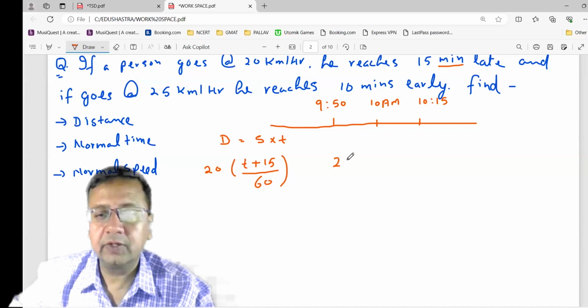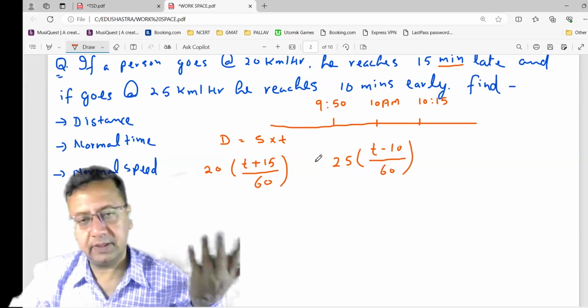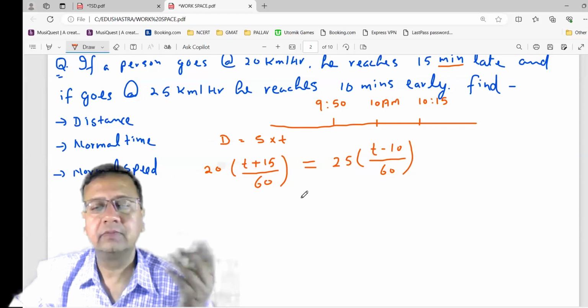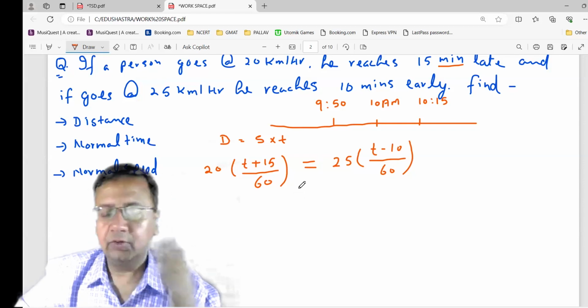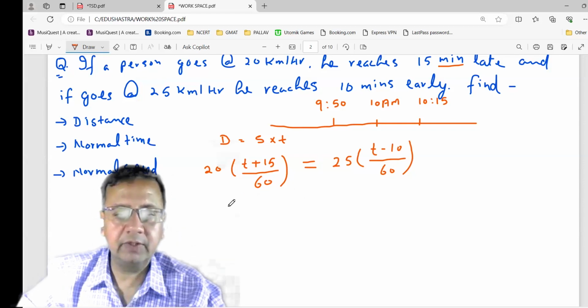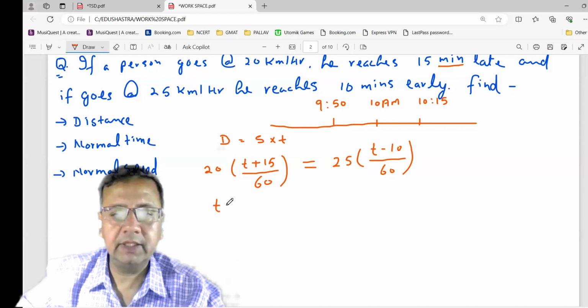Second, now you are going with 25 and you're reaching 10 minutes early. So t minus 10, and again this is in minutes, so divided by 60. And this distance is the same, so what to do? Equal. Open up, simplify, and everyone quickly tell me what is the t you are getting.